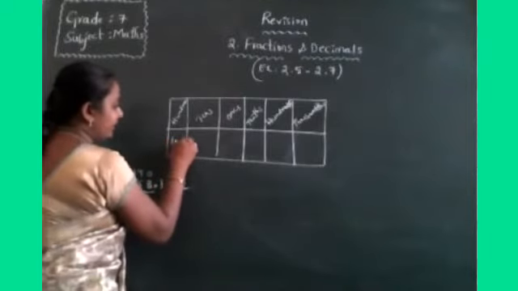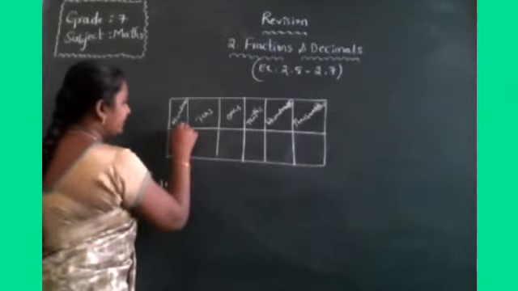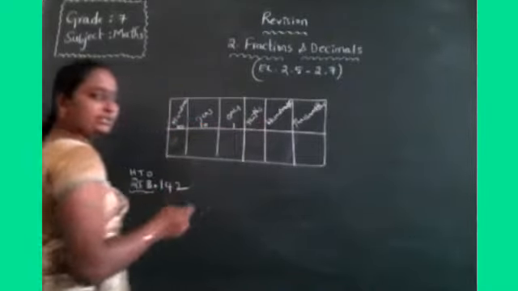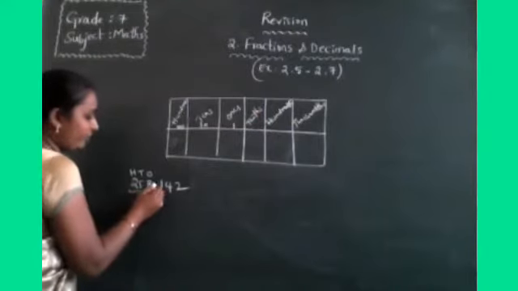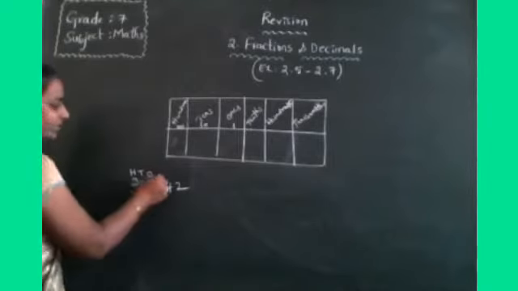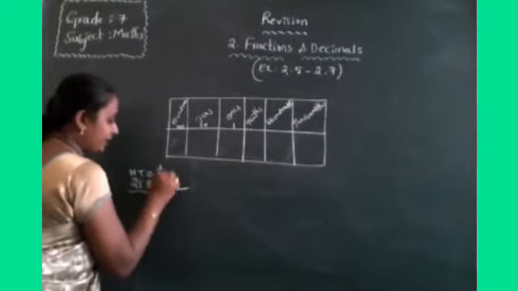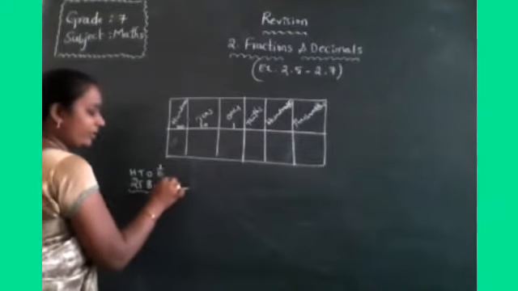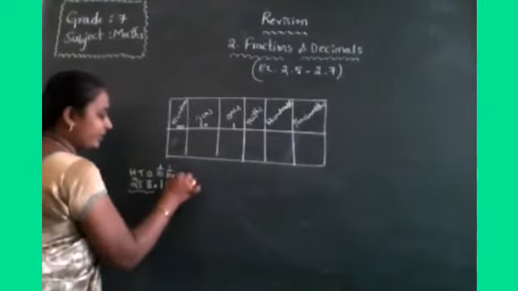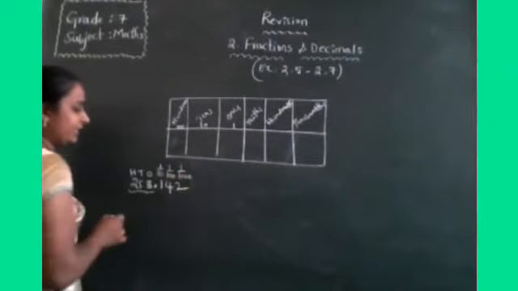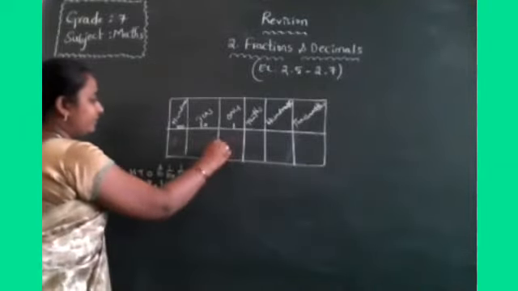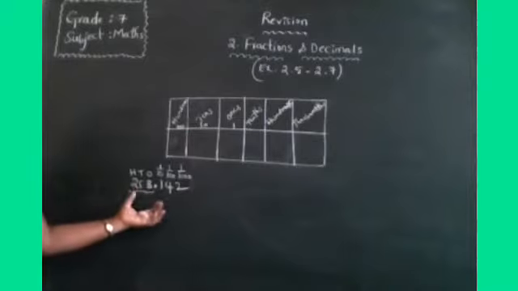Hundreds means hundred, tens means ten, ones means one. If you move one step towards the right, it becomes the tenth part, that means 1/10. The next place value is 1/100, and the next is 1/1000. Okay?